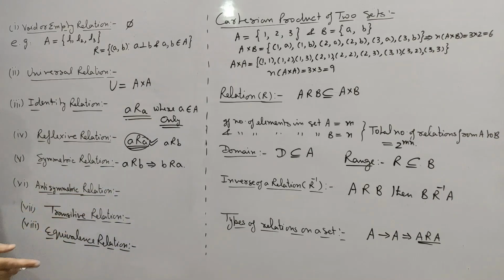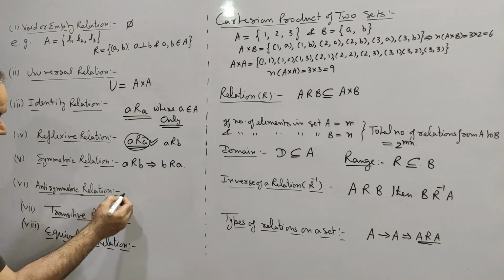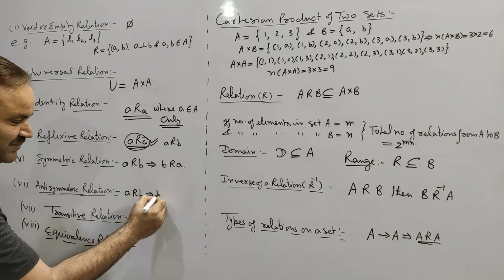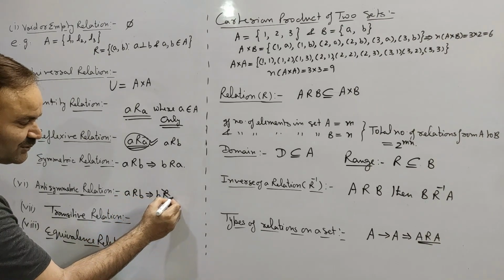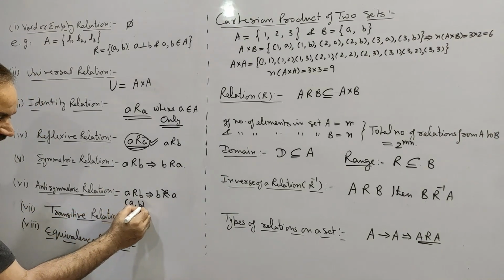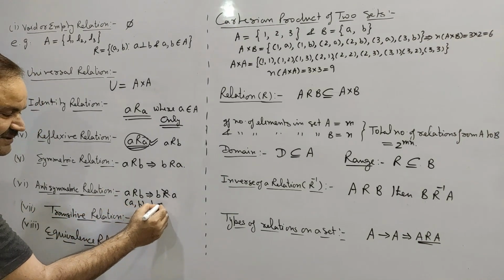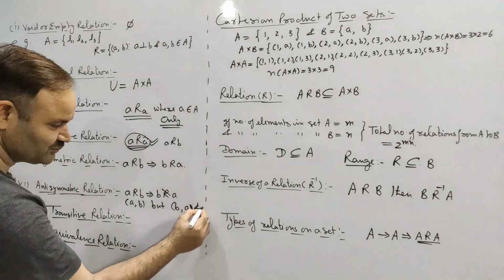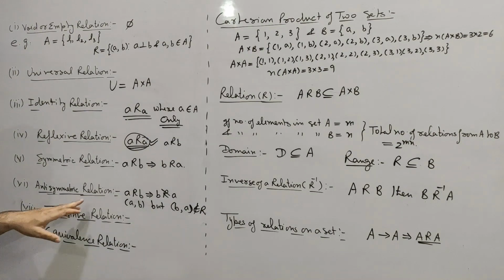Now, the anti-symmetric relation: if a related to b implies b not related to a. It means the ordered pair (a, b) exists in the relation, but (b, a) does not belong to the relation. Then we will say that the relation is anti-symmetric.